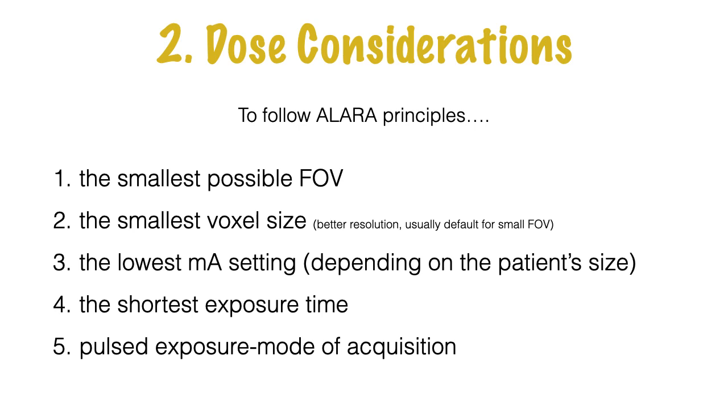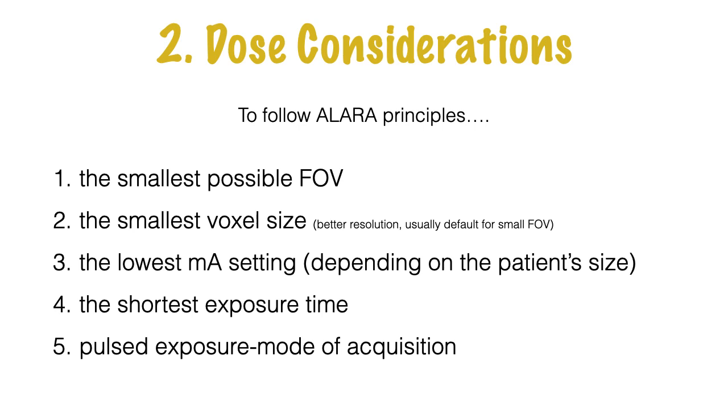It will also give us a better resolution, and for most machines, the smallest voxel size will be the default for small field of view images, because the machine understands if you're looking at a smaller field of view, you want detail.